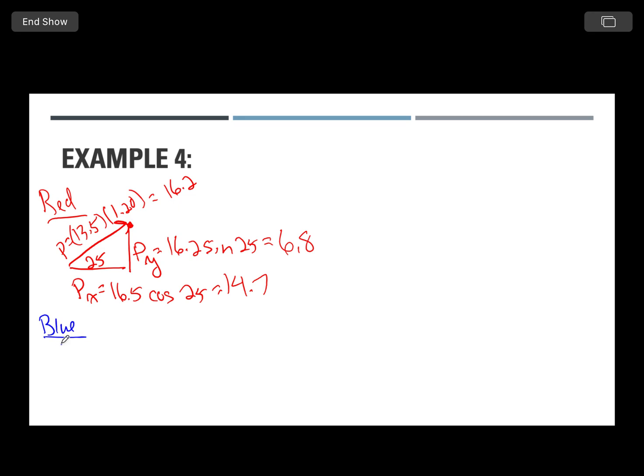Okay. We don't know that angle. Okay, so I want you guys to see if you can figure out the y direction.